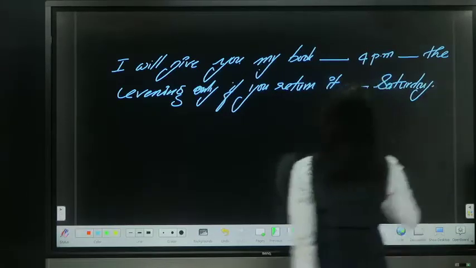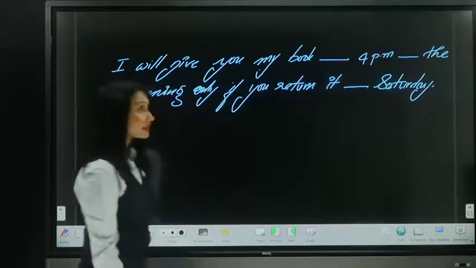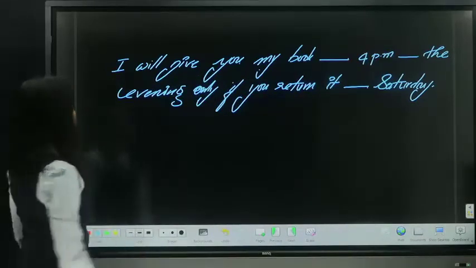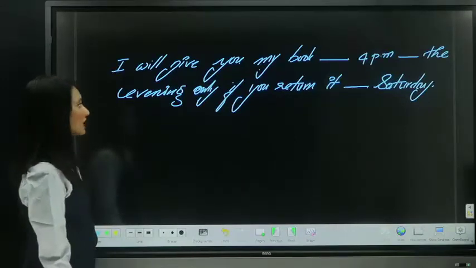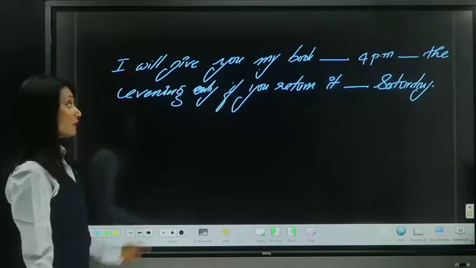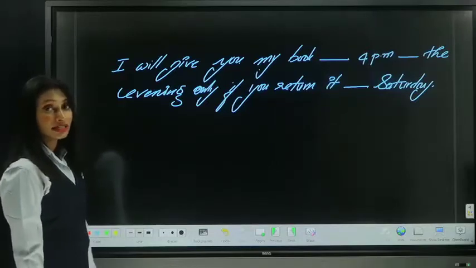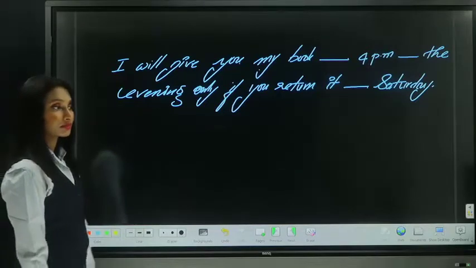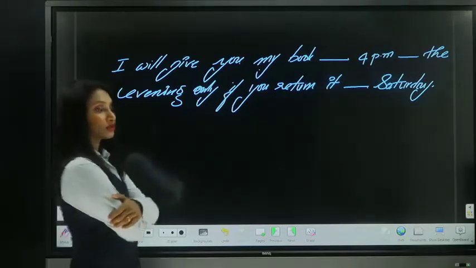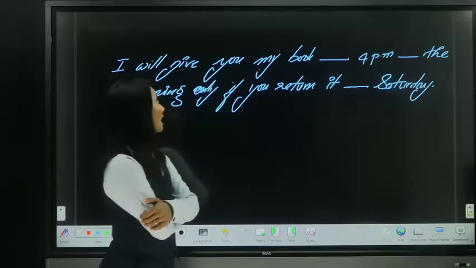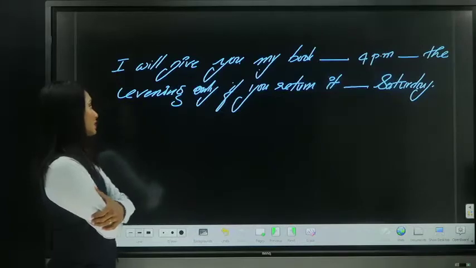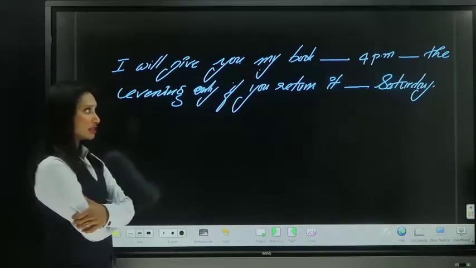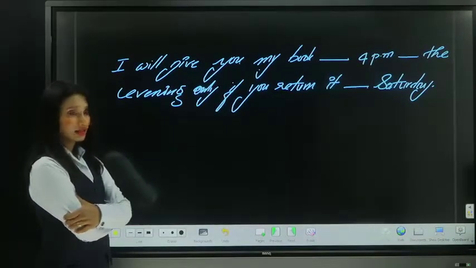So try to fill this, guys. There are 3 blanks here. I will give you my book dash 4 p.m. dash the evening. Only if you return it dash Saturday.